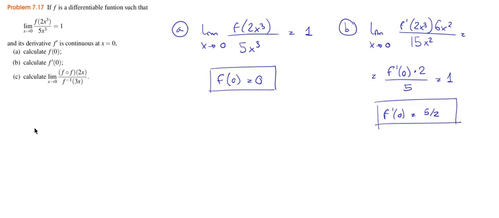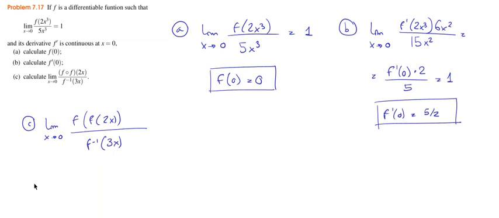And then for the last part, we have the limit when x goes to 0 of f composed with f at 2x, and then we have the inverse of f at 3x, right? Now we know that f at 0 is 0.